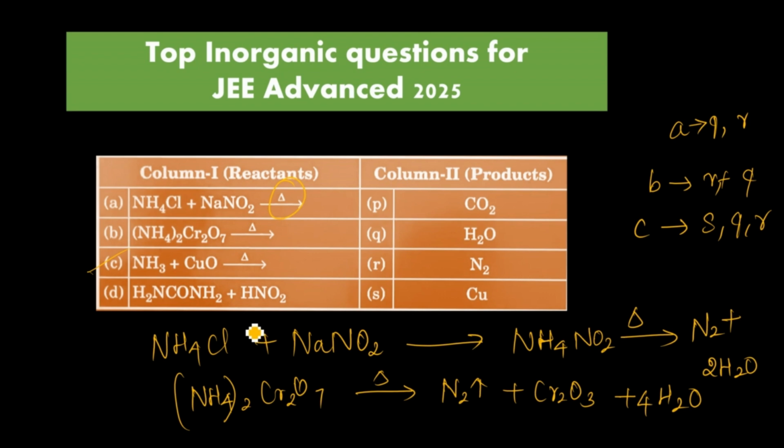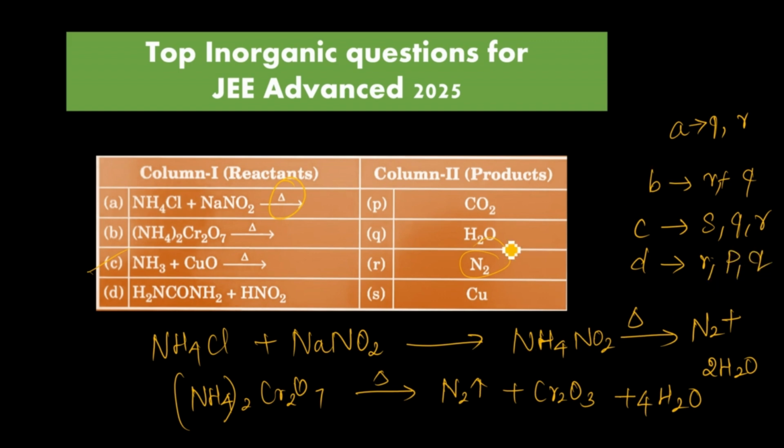That will produce carbon dioxide, N2 and H2O. Urea is a fertilizer, right? So nitrogen it is releasing. That's why we were using that as a fertilizer. Not anymore, but we were using urea as a fertilizer, which makes D go to N2, so P and Q.